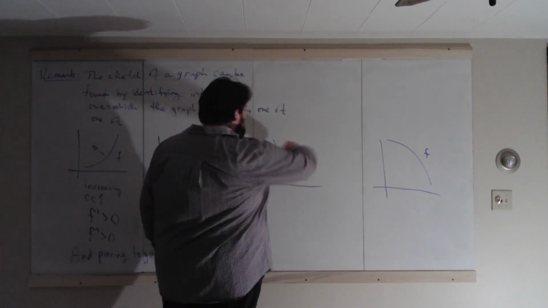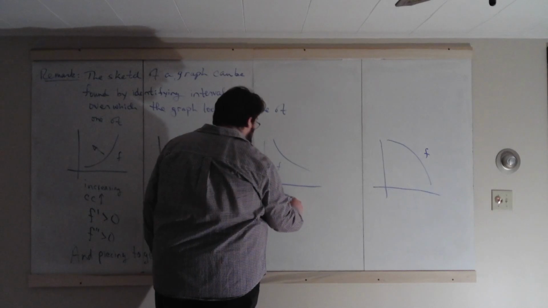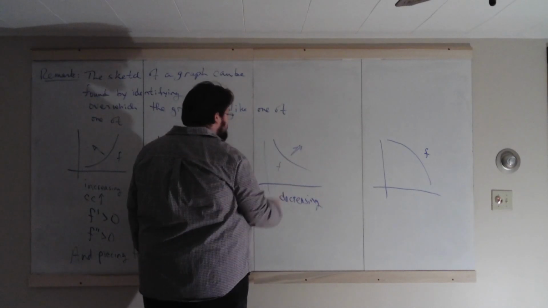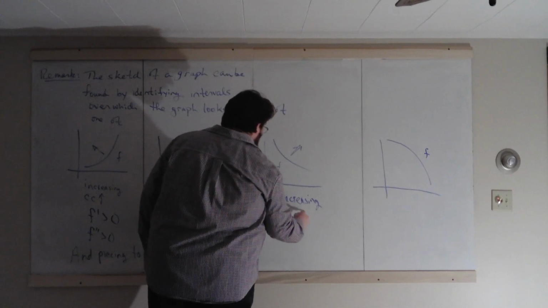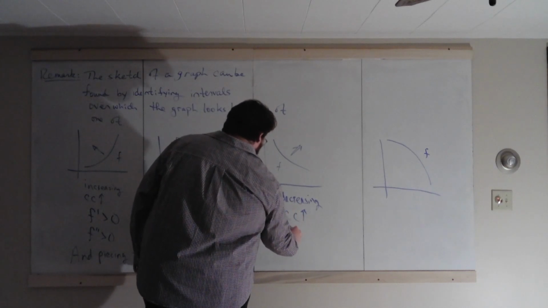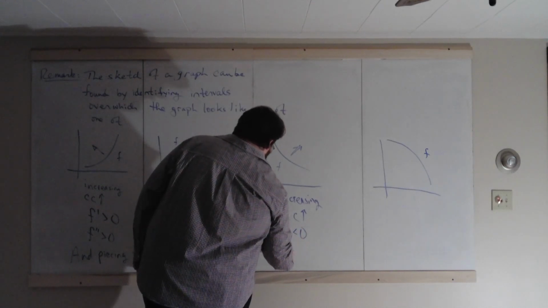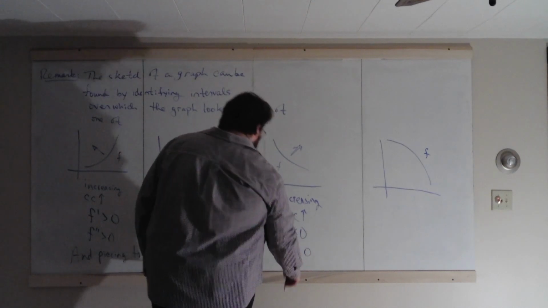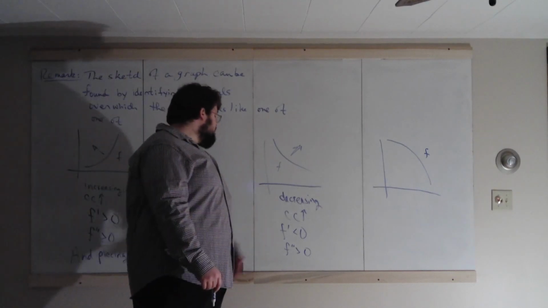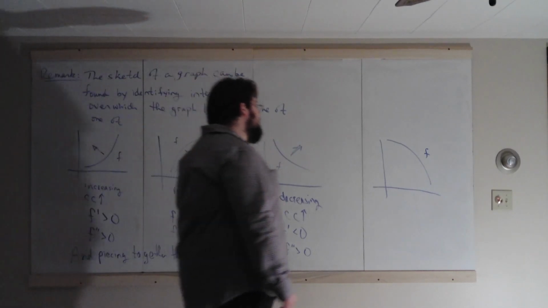Over here, it's decreasing. The caved portion points upward. So it's decreasing and concave up. So the first derivative is negative, and the second derivative is positive. If you go through all your work and you find that on some interval the first derivative is negative, the second derivative is positive, well, it's going to look like that.